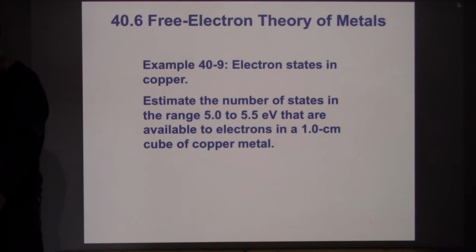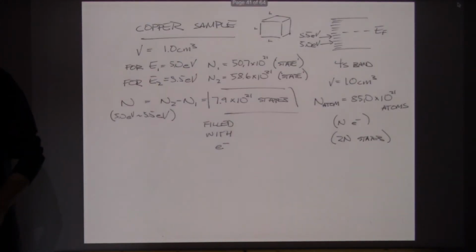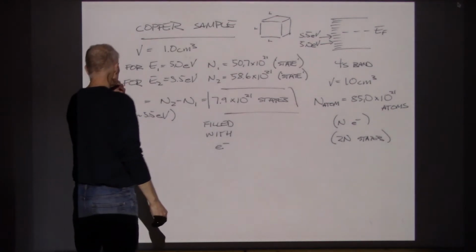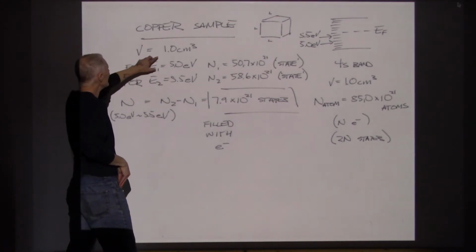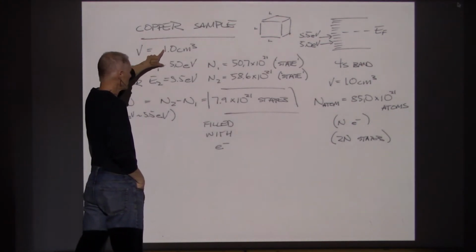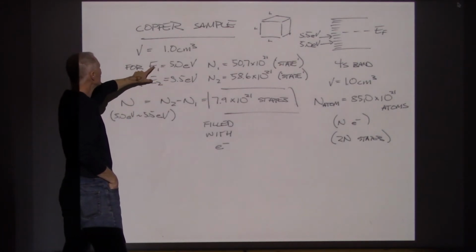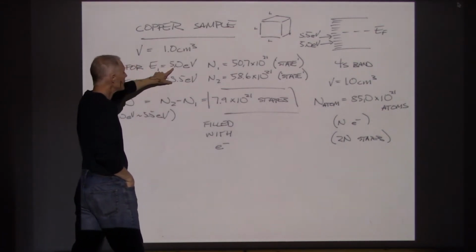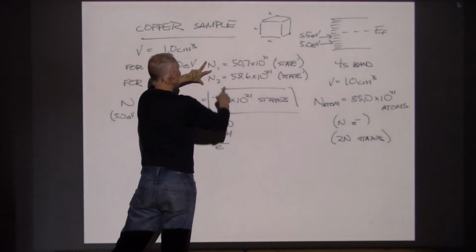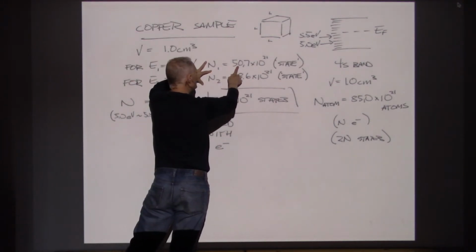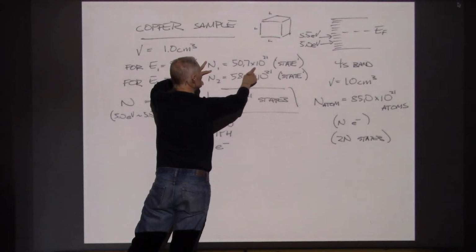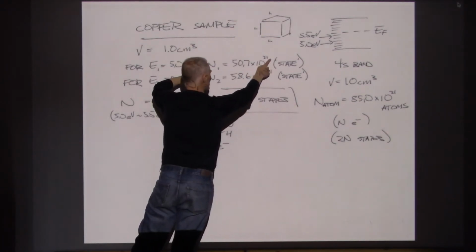So here we go, a 1 cubic centimeter piece of copper, and we're going to count some states. If we plug into that formula an energy of 5 eV, we find that we have to count through 50.7 times 10 to the 21 states.